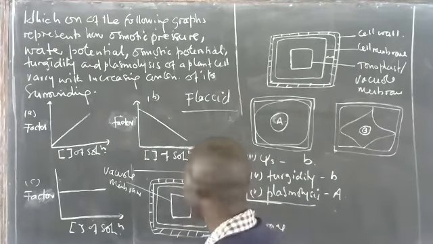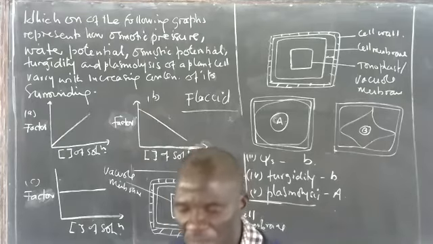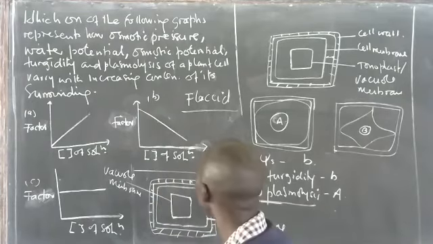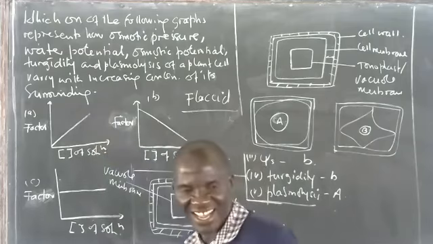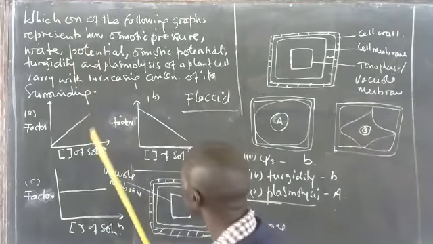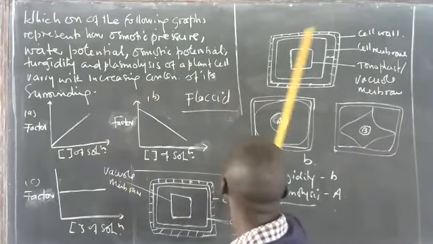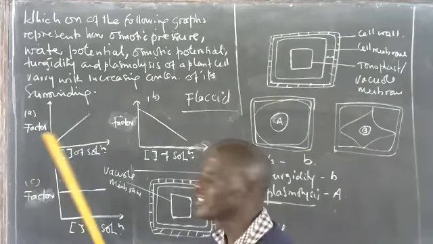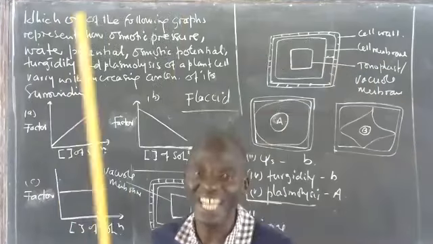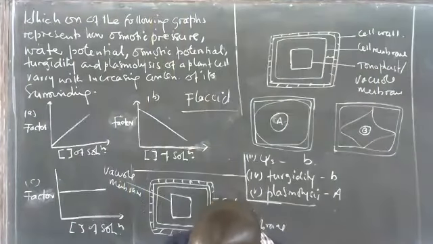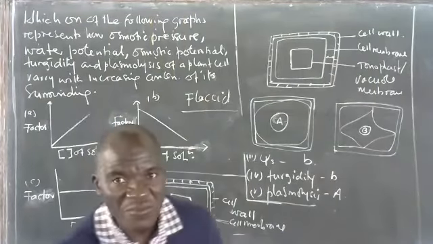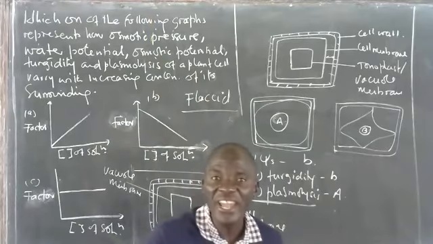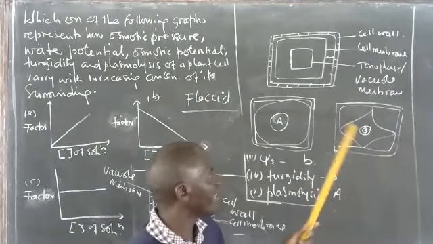Graph A. Yes. I think you understand that as the concentration surrounding the cell gets highly concentrated, the cell will lose more water. And as it loses more water, the membrane will be further pulled away from the wall and it becomes this one.